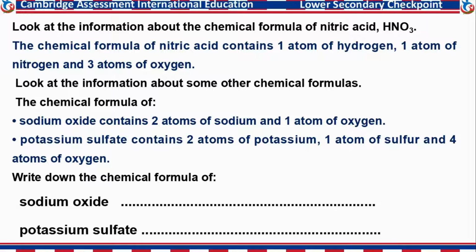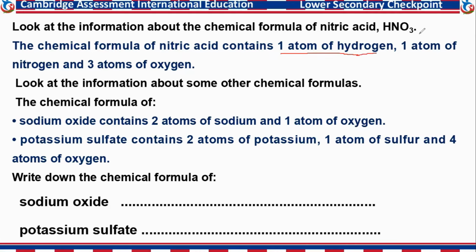Now back to the reference formula that we're given, the formula of nitric acid, which is HNO3. Using the information, nitric acid contains 1 atom of hydrogen. So when you are having 1 atom, you just write the chemical symbol of that element.